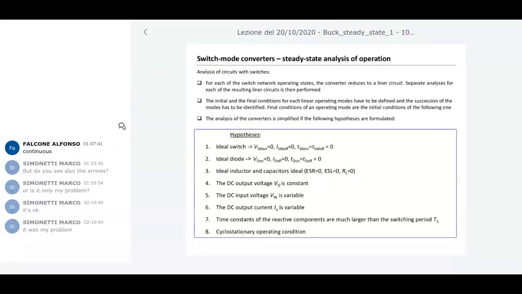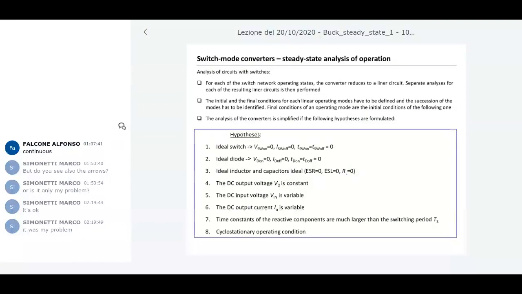Since you have the switching network, we have different states of conduction: switch on, diode off, etc. That means that our circuit cannot be called linear because of the presence of the switches. The circuit is a non-linear circuit. But for each of the states that you can have thanks to the switching network, the converter reduces to a linear circuit.